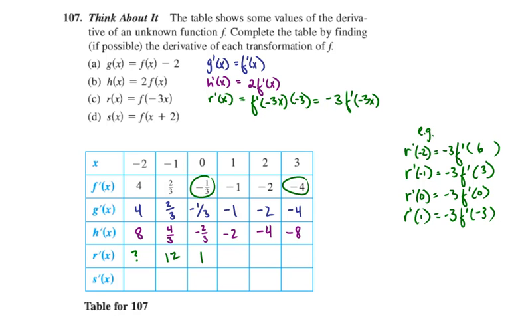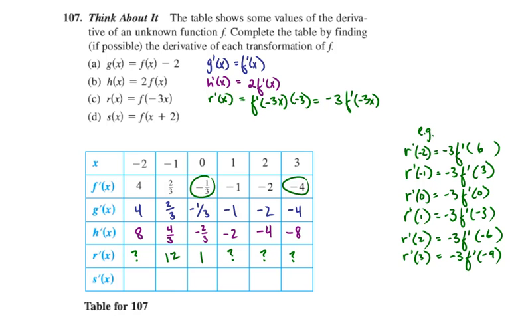And since we don't know what f prime of negative 3 is, we can't answer that. r prime of 2 would be negative 3 times f prime of negative 3 times 2, which would be negative 6. And we don't know what f prime of negative 6 is, so we can't answer that. In the same way, r prime of 3 would be negative 3 times f prime of negative 9, which we don't know because we don't know what f prime of negative 9 is.